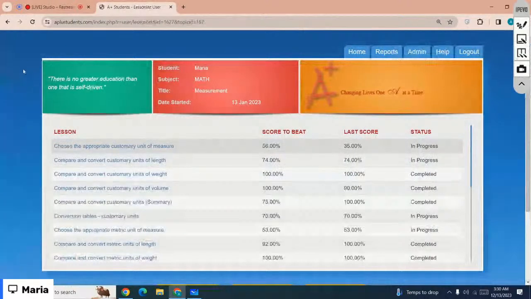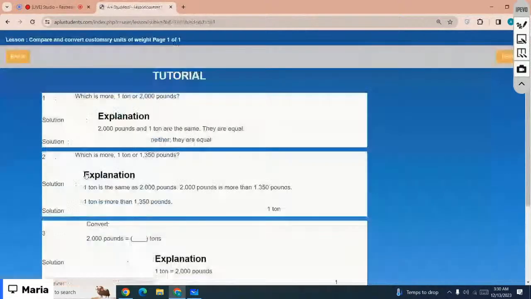Okay, the next one is compare and convert customary units of weight. Up till now, we are done with the customary units of length, right? Now we're going to start with the customary units of weight. So let's start with the first one: which is more, 1 ton or 2,000 pounds? They both are exactly equal, right?